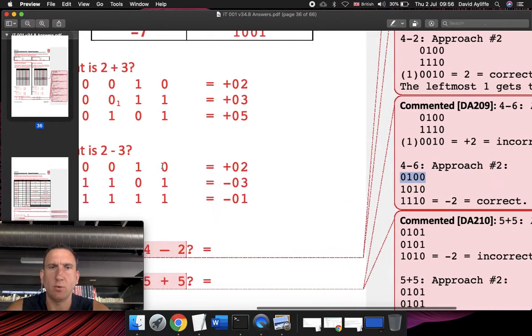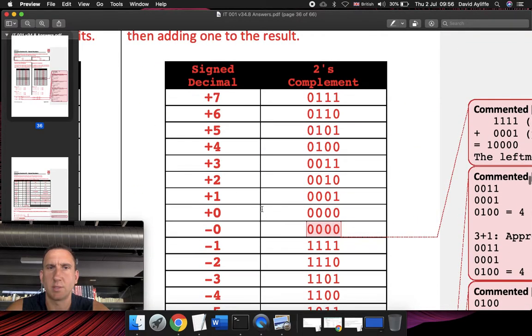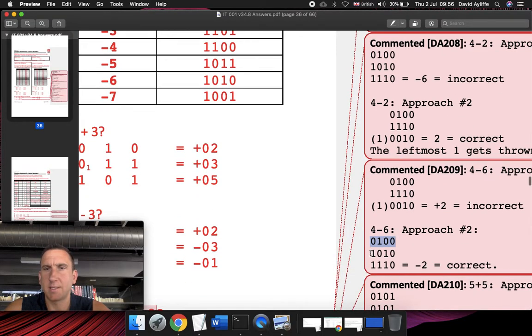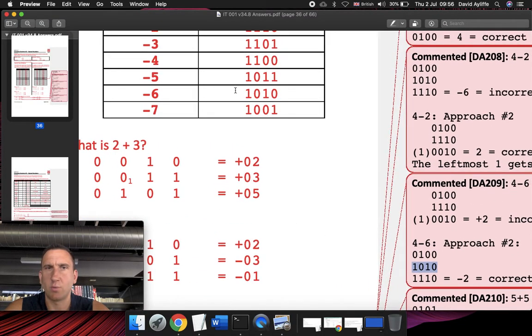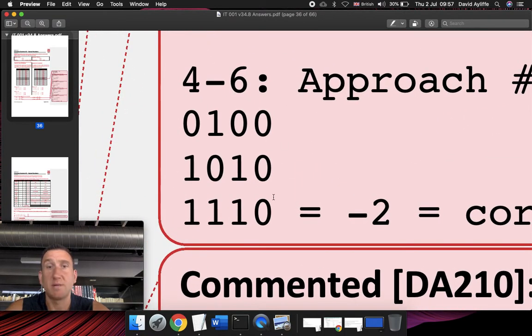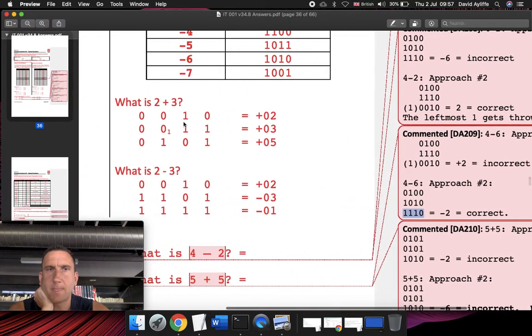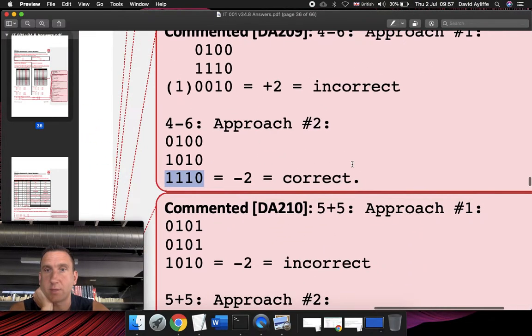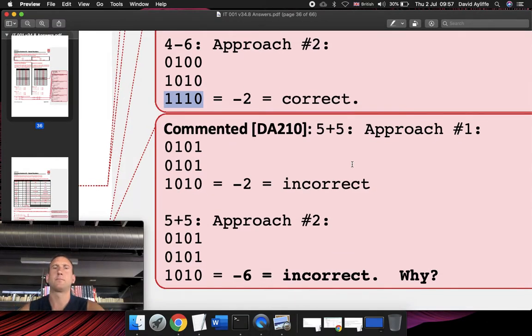This is 4, 0, 1, 0, 0, and minus 6, 1, 0, 1, 0. If we add these together, 0 and 0 is 0, 0 and 1 is 1, 1 and 0 is 1, 0 and 1 is 1, so 1, 1, 1, 0. The answer is minus 2. Yeah, so that is correct. Now this one's tricky. 5 plus 5.